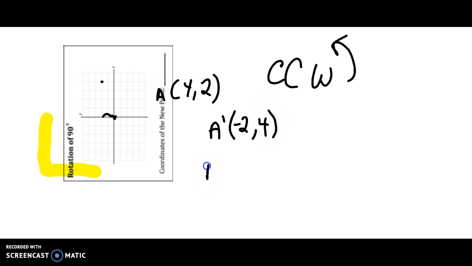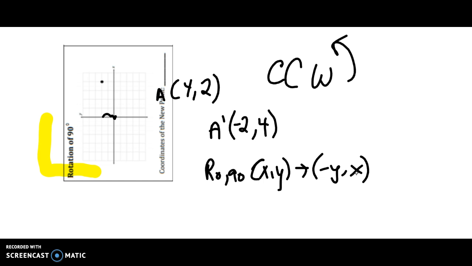So I have the rule now under a rotation about the origin 90 degrees on an XY point. Well, if I look at what happened, they switched places and the y negated. So -y, x. Right? So I could figure out by just turning my paper and recounting the points for that new point, A prime, what the rule would be.